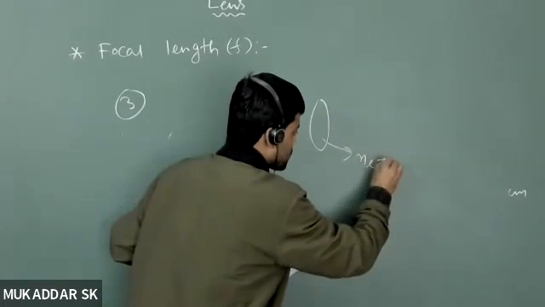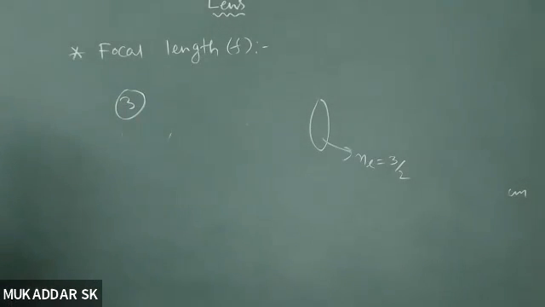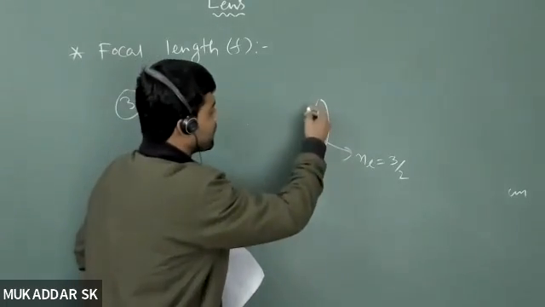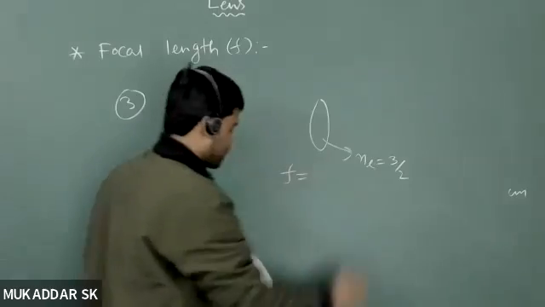Again, it is 3/2. They have not given any radius of curvature, but only the refractive index of this lens, that is 3/2. Now, when they kept this lens in air, they obtained a focal length, that is how much?